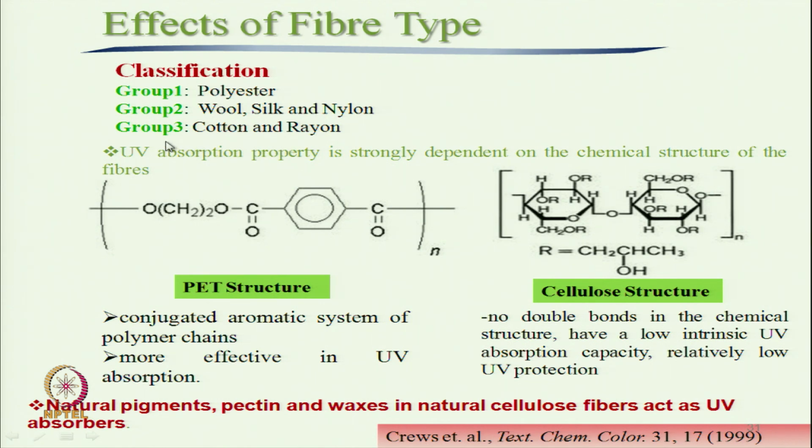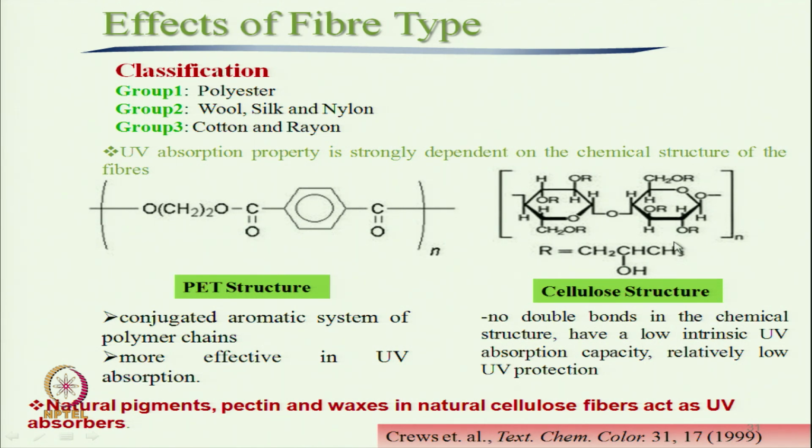These are the cellulosic structure, and polyester has a conjugated aromatic type structure in its polymer chain. And due to this type of structure, polyester is UV protective. This type of structure is more effective in UV absorption.